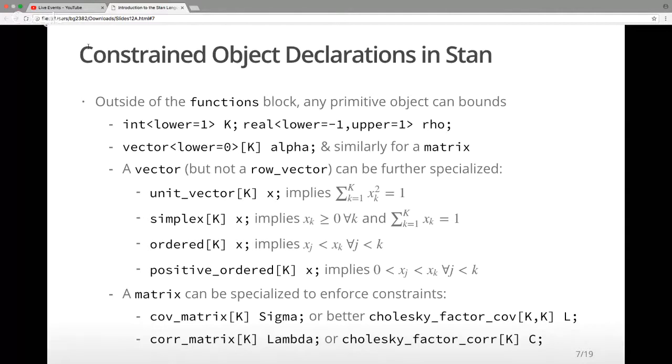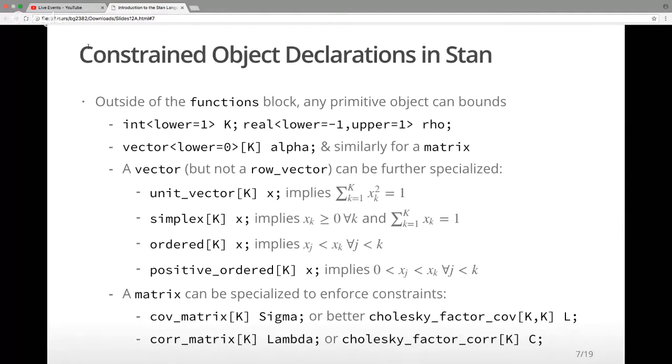The vectors, which is to say column vectors, can be further specialized, not to have arbitrary bounds, but to satisfy some other conditions. So the unit vector is a special type of vector, but it's still a vector, so we declare it with size k. And a unit vector is one whose sum of squares is fixed to 1. So we've seen those maybe a couple times last semester.